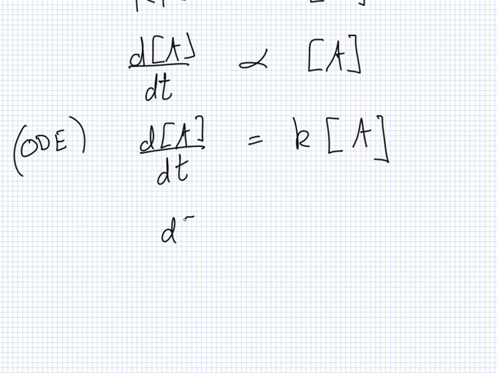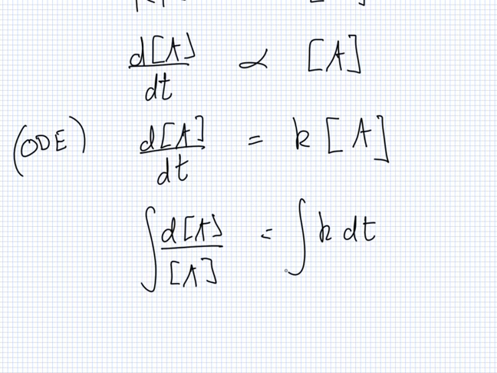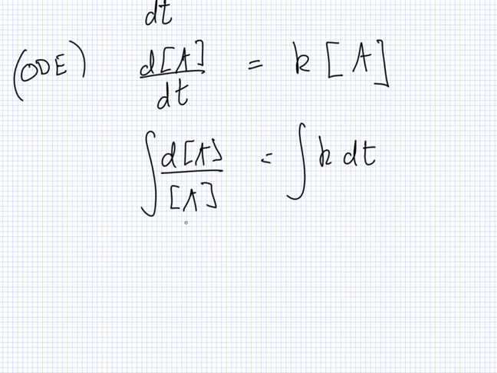So let's go ahead and solve it. I have dA over A equals k dt. I integrate both as normal. On the left I get log A equals kt plus c.